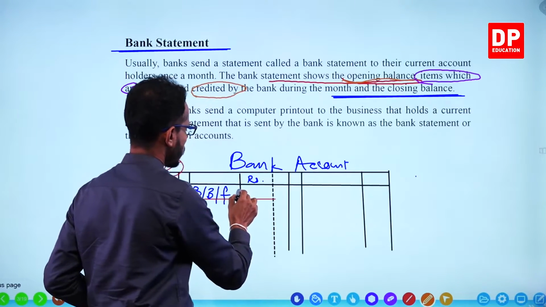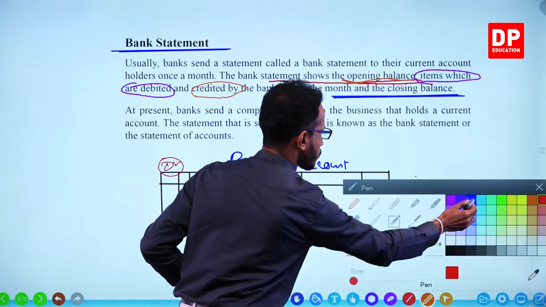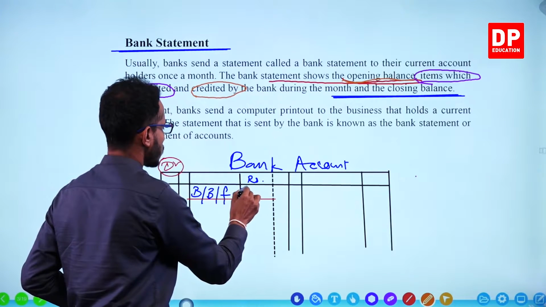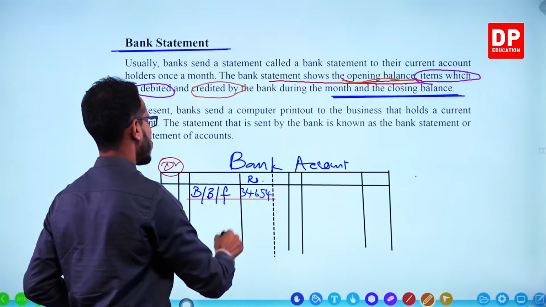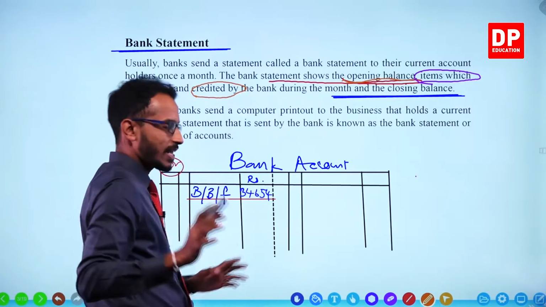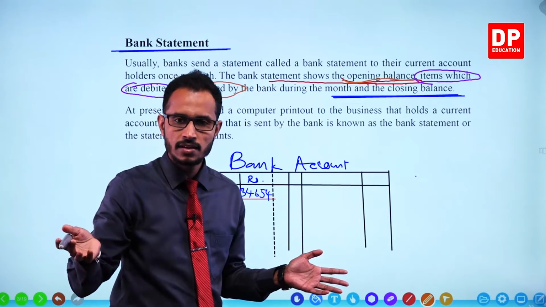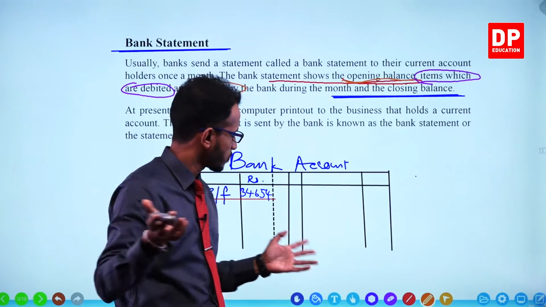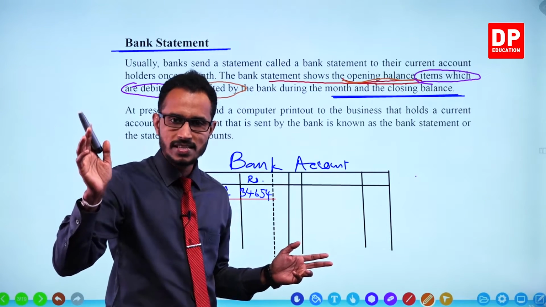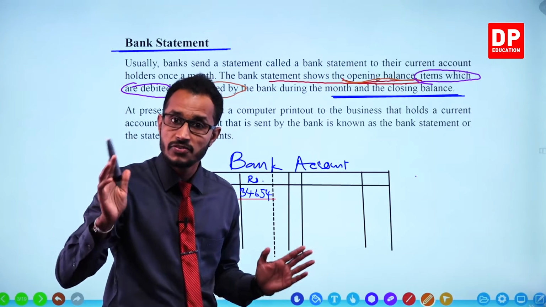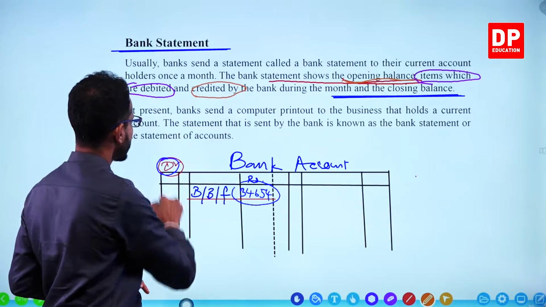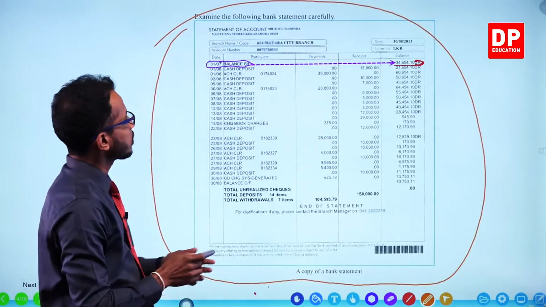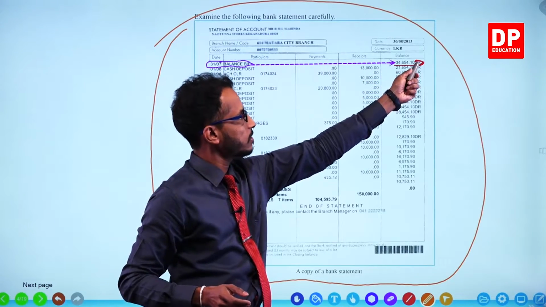I'll just write it here. 34,654. Let's forget the 10 cents. No need to think about the 10 cents. 34,654 DR. Debit side. That's what the statement shows, right?